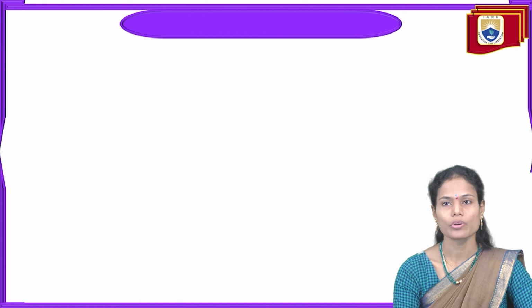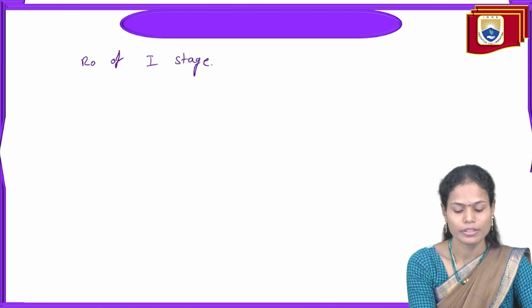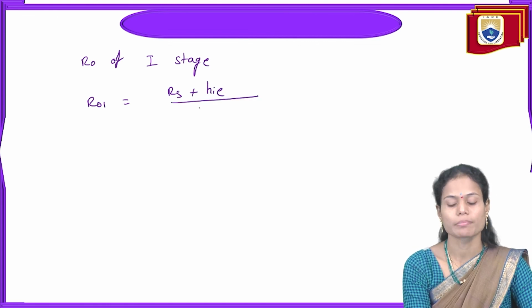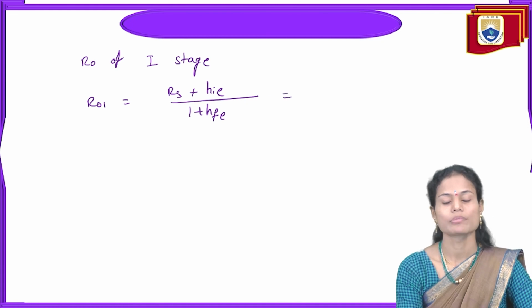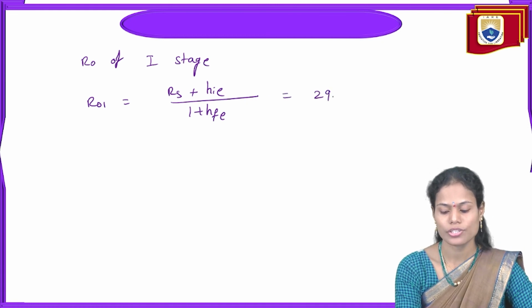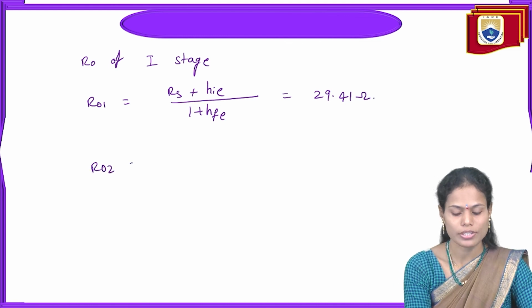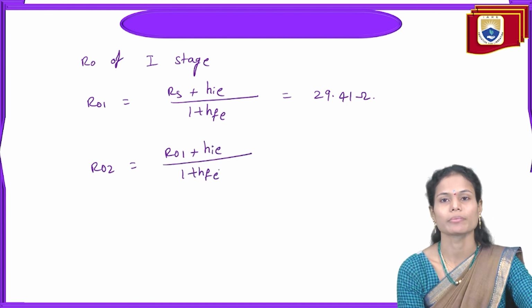And next, output impedance. So the output impedance of the first stage is R01. The formula is source resistance plus input impedance by 1 plus HFE. So after substituting all these values, we will get it as 29.41 ohms. And similarly for the second stage, it is R01 plus HIE by 1 plus HFE.